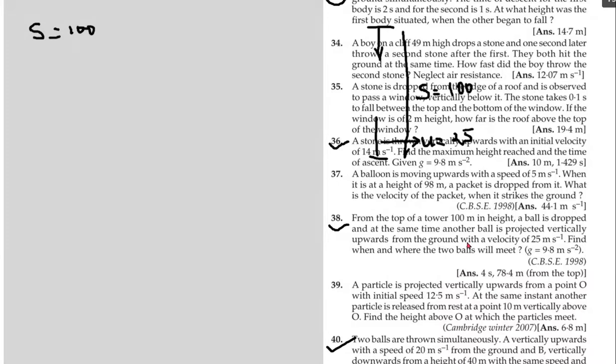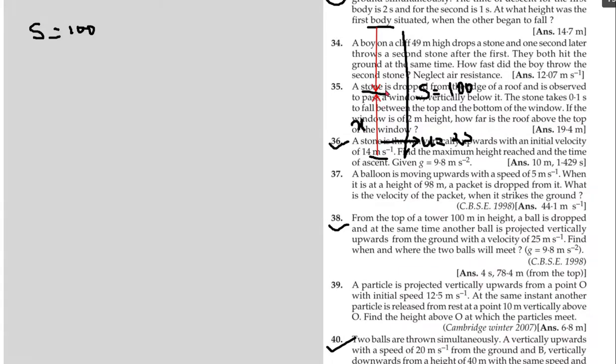As soon as one ball is dropped from this point, at the same time another ball is projected vertically upwards, and let us say they meet here at a height x from the ground.